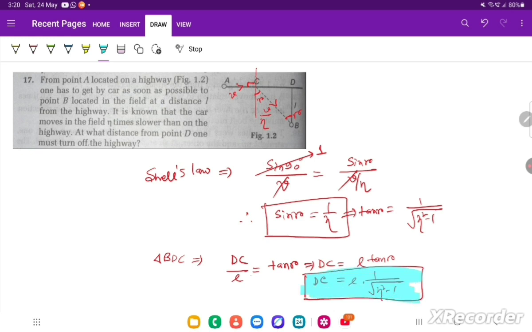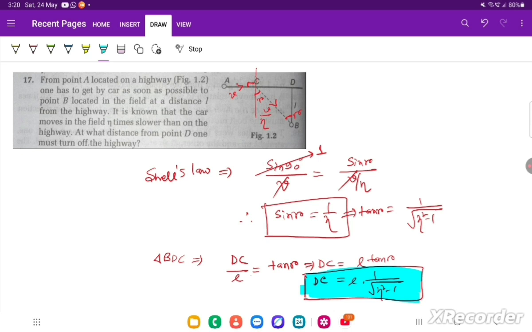And if you don't know this method, what could you have done? You could have taken an arbitrary path, just like the previous problem. Let's say AC length is X, and then DC length will be, as AD is fixed, you can assume some L0, and DC will be L0 minus X. And all the steps we have done in the generalized case you can do here as well.